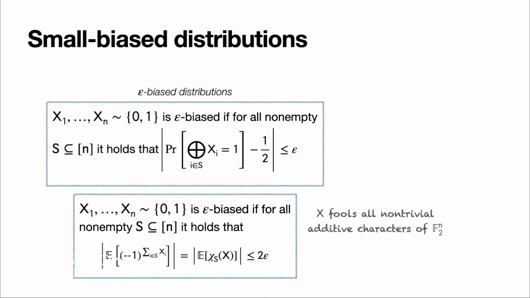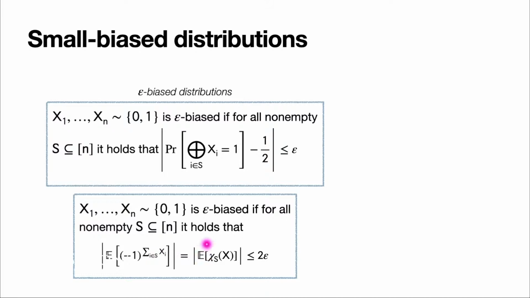Let's play around with this. We can switch the parity with the sum, saying that the parity is almost balanced. It's saying that the expectation of (-1) to the sum of xi, where i is in S, is small.